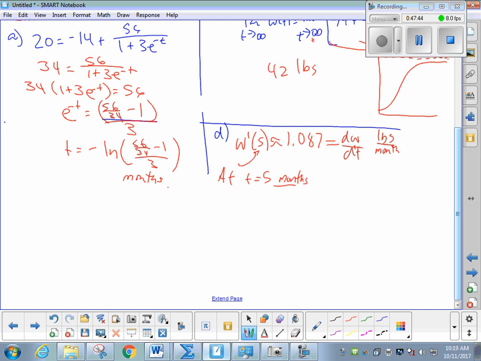Anytime you throw a number in there, you should be attaching units to it. The lizard is, now you can either say increasing his weight or gaining weight, both imply the sign. Gaining weight at a rate of 1.087 pounds per month.